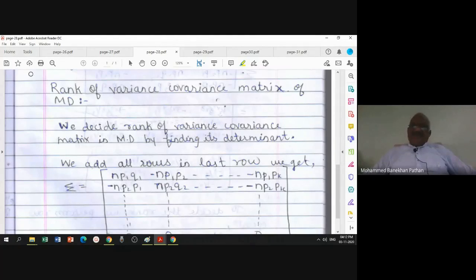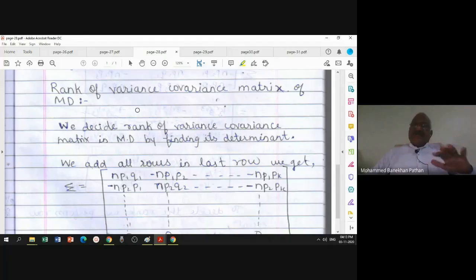What is the concept of rank in mathematics? Rank suggests how many vectors are orthogonal in your matrix. That is the concept of rank.